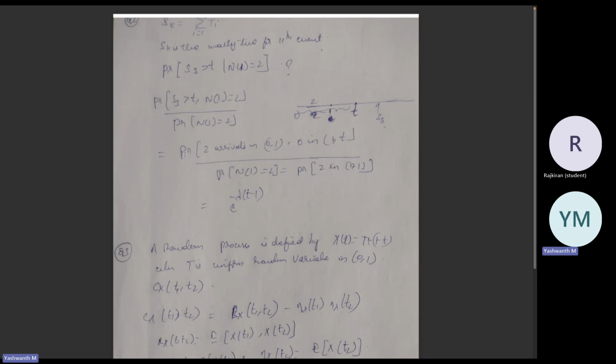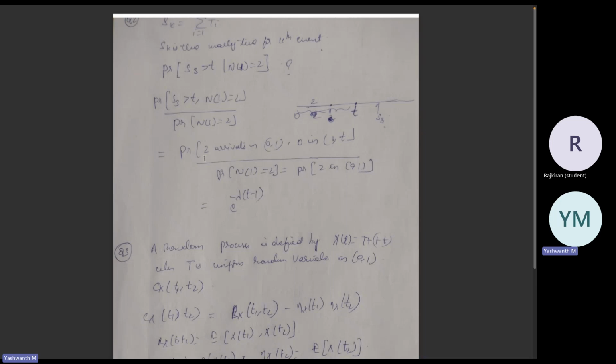So what does this simplify to? This is nothing but the probability that 2 arrivals happen in 0 to 1, and you want 0 arrivals in 1 to t, and the denominator is 2 arrivals happening in 0 to 1.